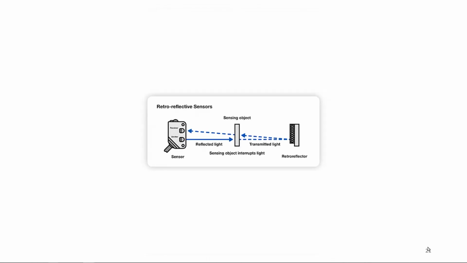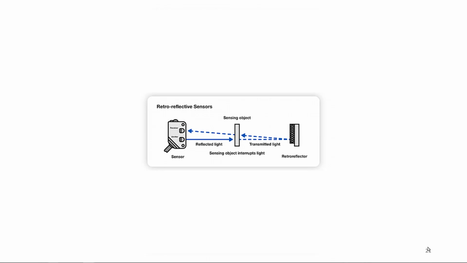This one is retroreflective, and in a way it's a through beam, except that instead of a transmitter and receiver or emitter and receiver as separate electronics, they're all in one little component, and it emits light and it bounces off a reflector on the other side of the field of observation, and then that reflected light comes back to the receiver.